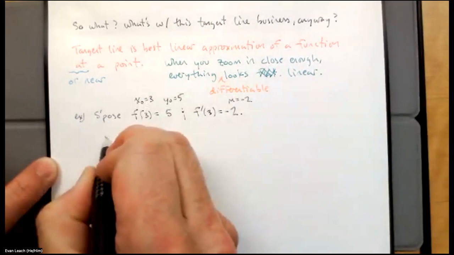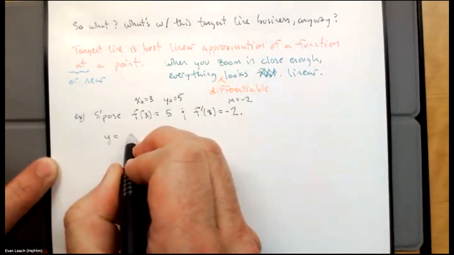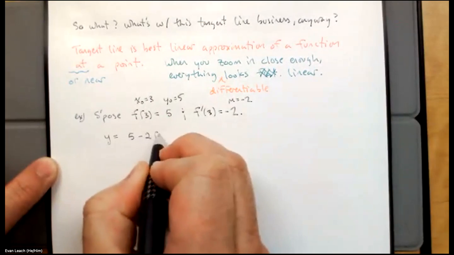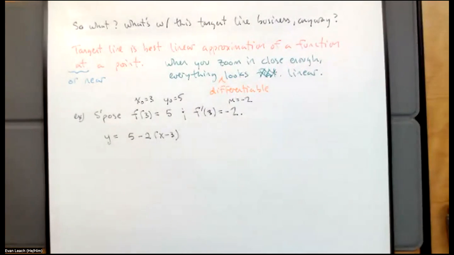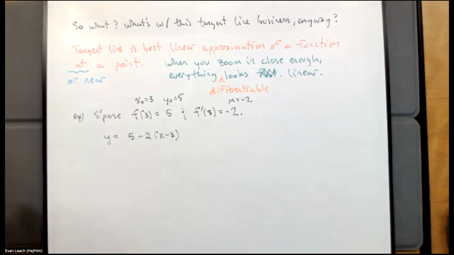So we can build a tangent line: 5 minus 2 times x minus 3. y is 5 when x is 3, and y is decreasing by 2 every 1 unit. That's what this equation is telling us. We can use this information to approximate what's going on near 3 on this function.